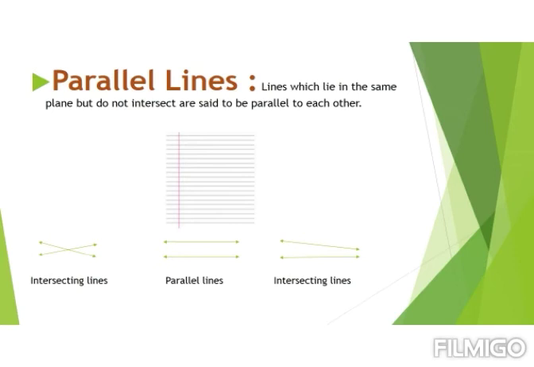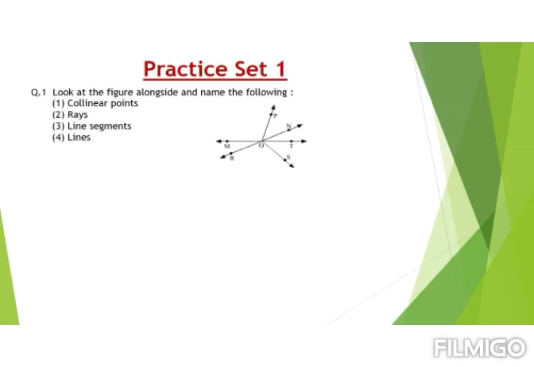So these are never going to intersect each other. So this set of lines is known as parallel lines. The third set here, they are not intersecting each other. But if we extend those lines, they are going to intersect each other. Therefore, this set of lines is known as intersecting lines.